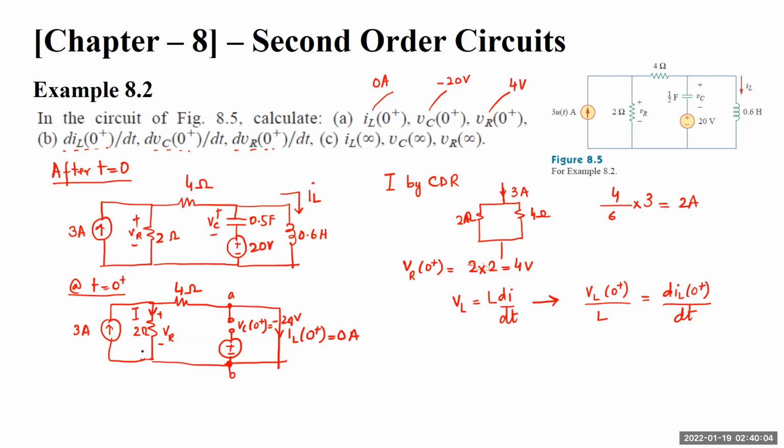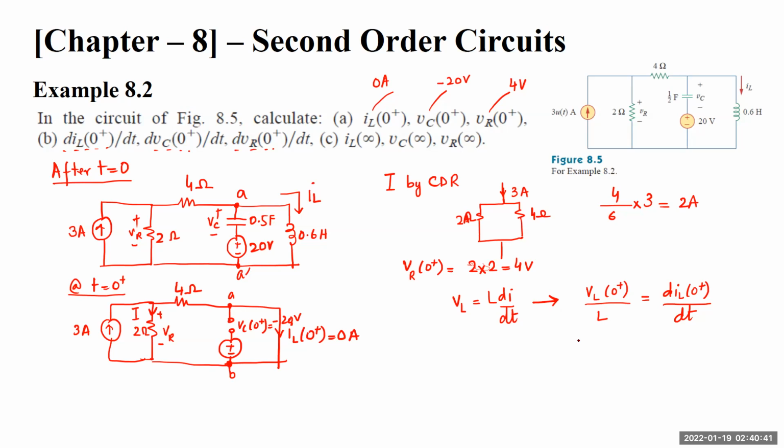Although the resistor voltage is changing instantaneously, the capacitor has more precedence because both are connected sort of semi-parallel, since there is a 4 ohm connected here. So although there is some voltage change across a little branch of resistance, it won't affect the inductor because of the presence of a capacitor in parallel with it. That basically means there is no change in voltage across these two nodes, A and A dash.